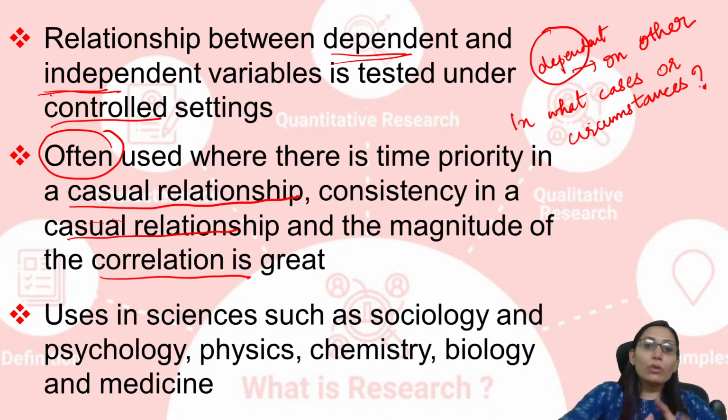That is, the magnitude of the relationship between two variables is great.